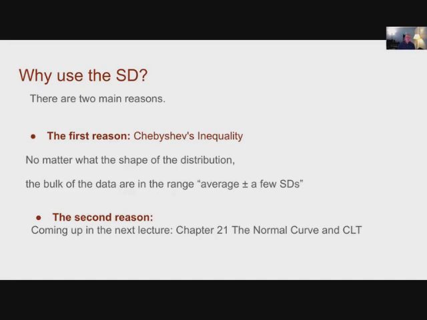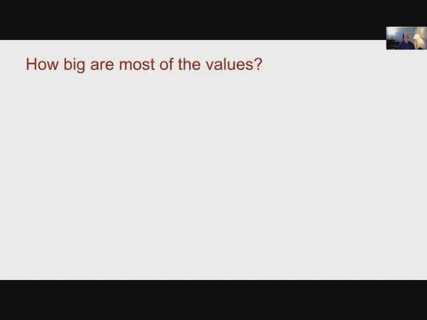So there's a couple of good reasons why we use the standard deviation as this measure of variance. A lot of times when we have data, one of the natural questions we ask is, where do most of the values lie in our data?